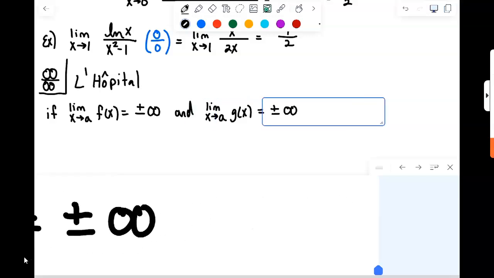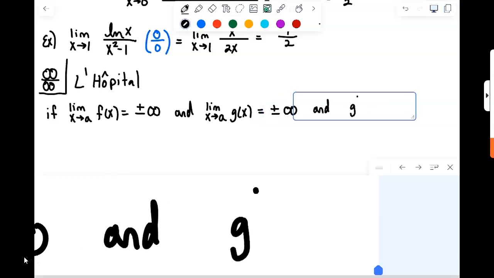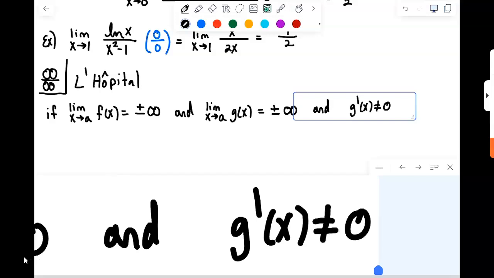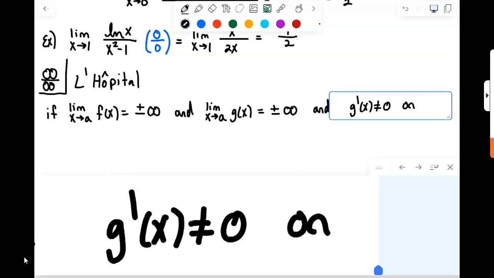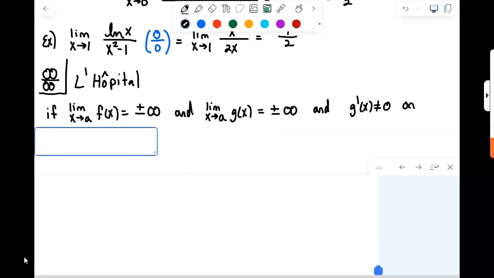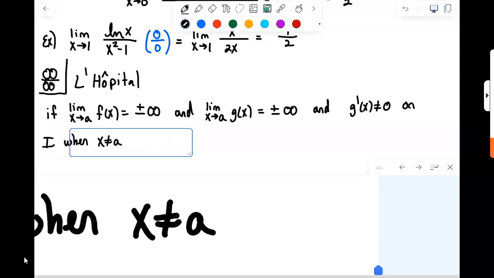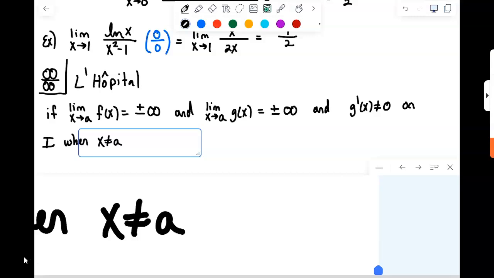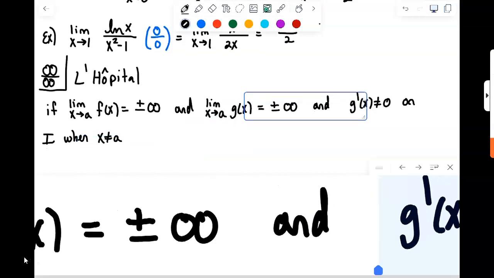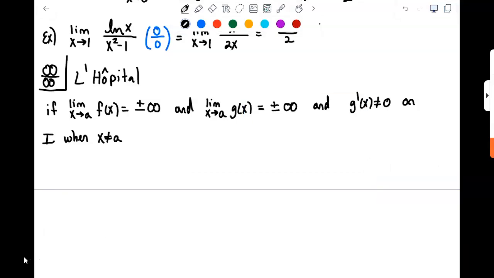Okay, and once again, we know that g prime of x is not 0 on an interval I when x is not equal to a. Okay, and so there's an assumption I haven't written down here that has to be true.